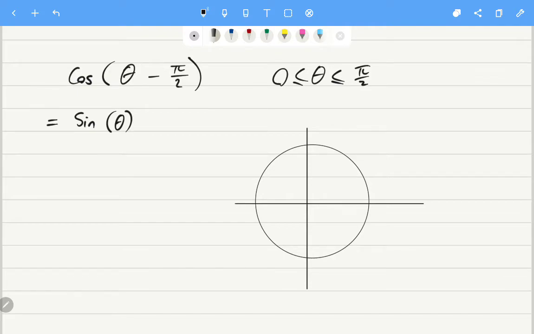So let's imagine we're trying to draw this angle, theta minus pi on 2. Let's draw the minus pi on 2 first. So the minus pi on 2 is this angle down here. It's a 90-degree angle, or a pi on 2 angle, but going the wrong direction because it's minus.